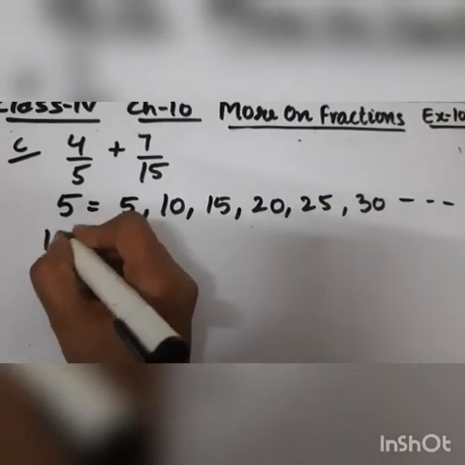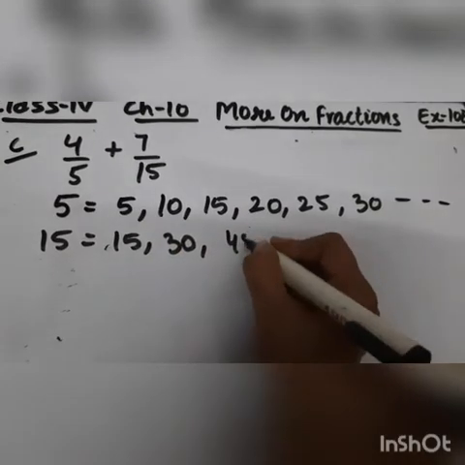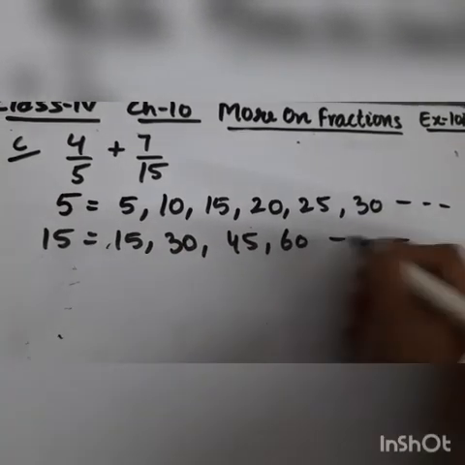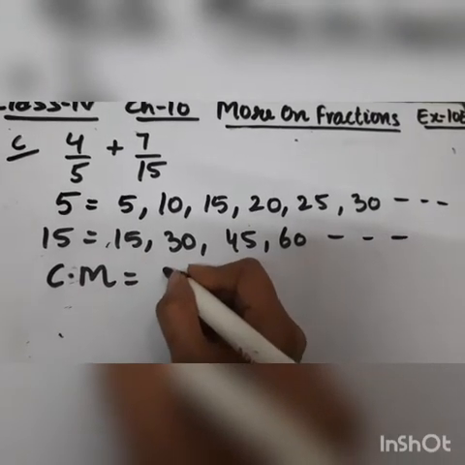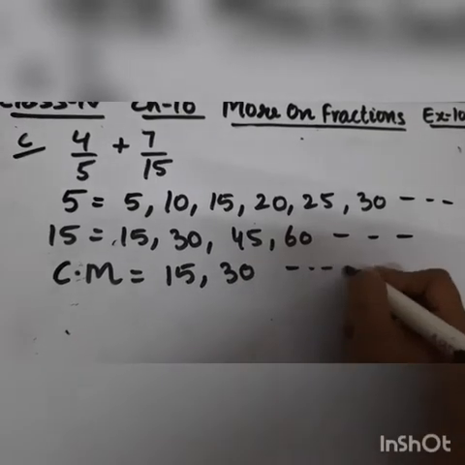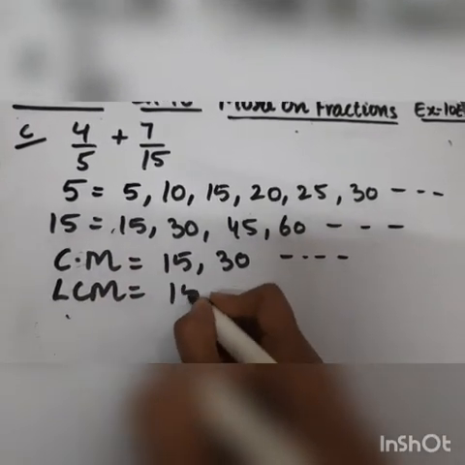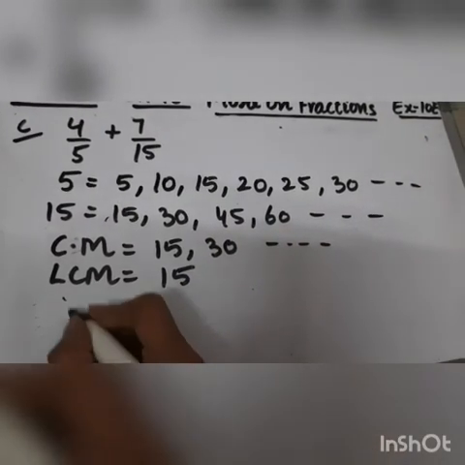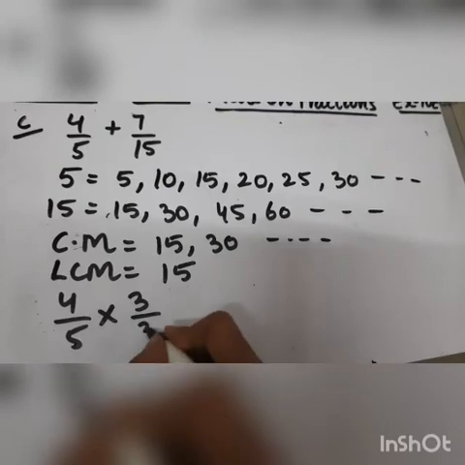And multiples of 15 are 15, 30, 45, 60 and so on. Now common multiples are 15, 30 and so on, and least common multiple, which is the smallest common multiple? 15. So we will make the denominator of both the fractions 15.